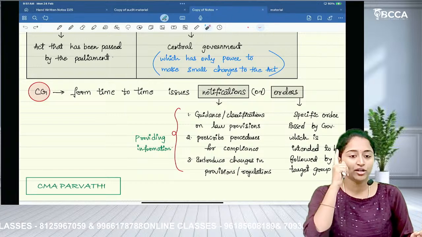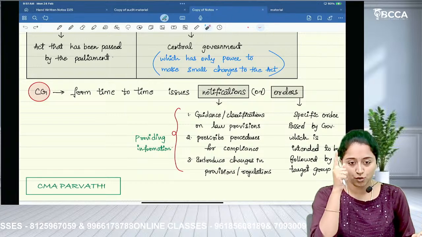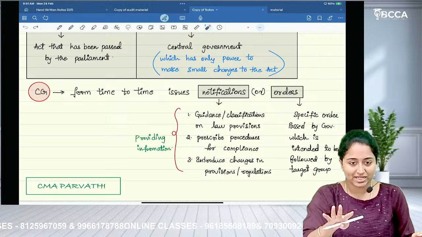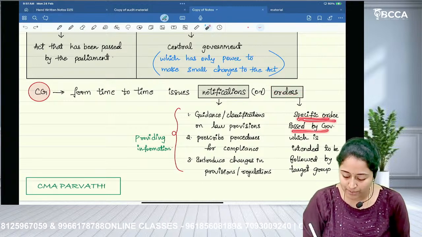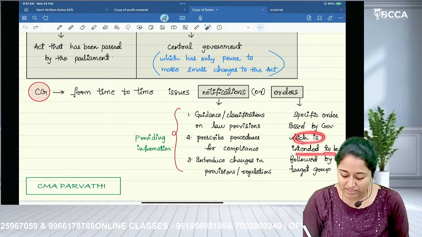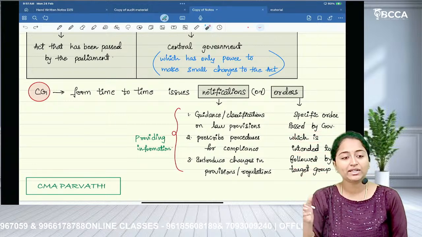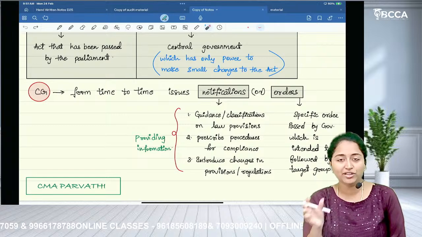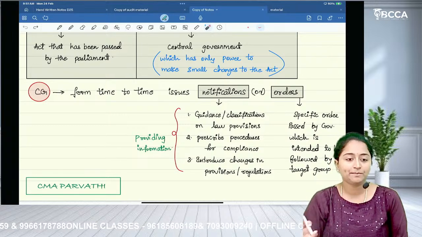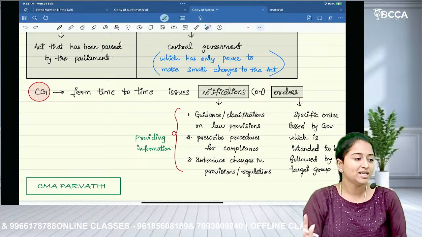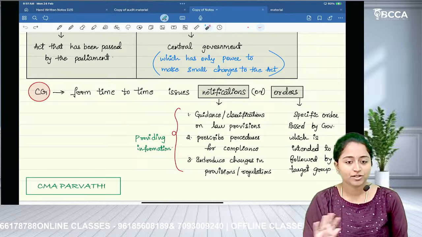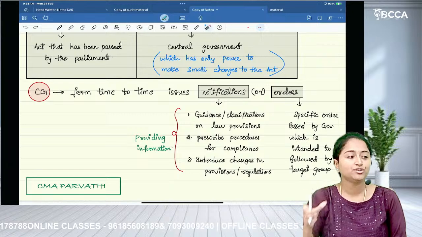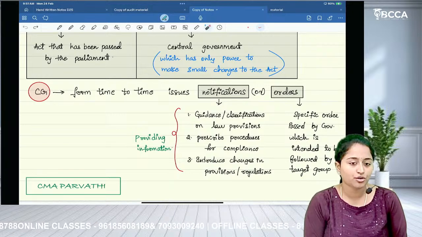If I am ordering you to do something, that order is only for you, not for all in the class, isn't it? So that is an order. It is a specific order passed by the government which is intended to be followed by a target group. It is not for all. Only the targeted group has to comply with the orders given by the central government. Clear till now? Any doubts? No doubts? Clear? So this is the introduction of the Companies Cost Records and Audit Rules 2014.